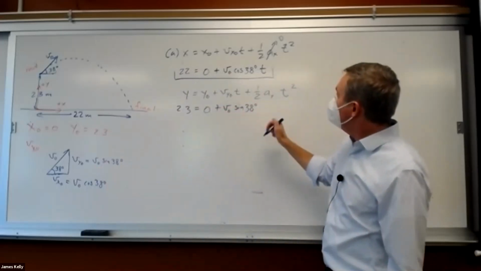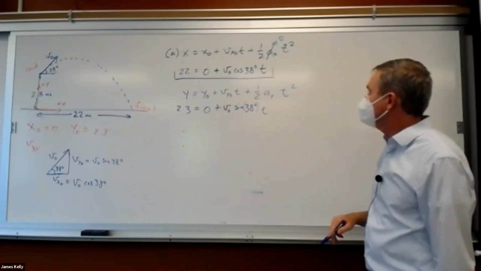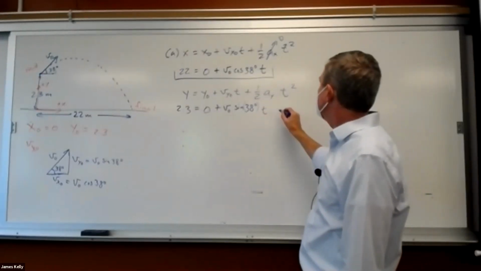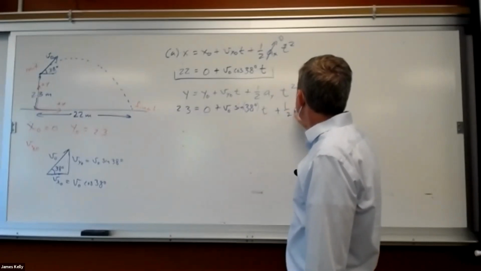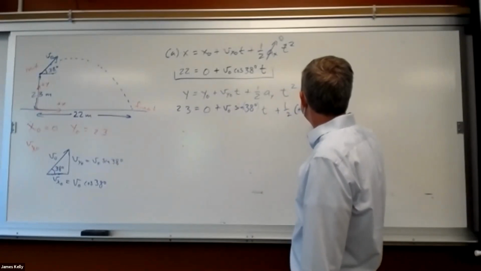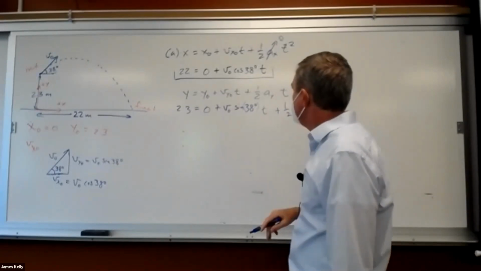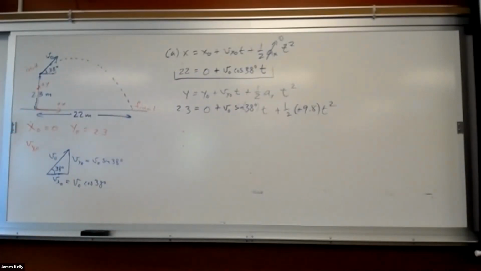That Vy0 also has a t sitting next to it, so I've got to put that t there. Plus 1/2 times ay, my ay is minus 9.8 in my coordinate system, times t squared.